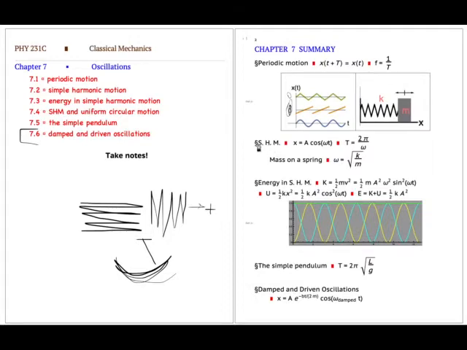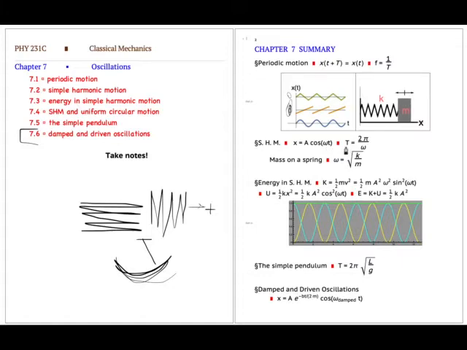It mentions simple harmonic motion. That's where the position as a function of time, if you make a graph, is sinusoidal. So for example, one example would be position x is A times cosine omega t, where t is the time, x is the position, the parameter A is the amplitude of oscillation. This quantity omega is related to the period of oscillation.